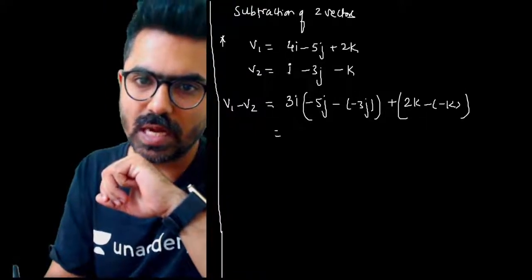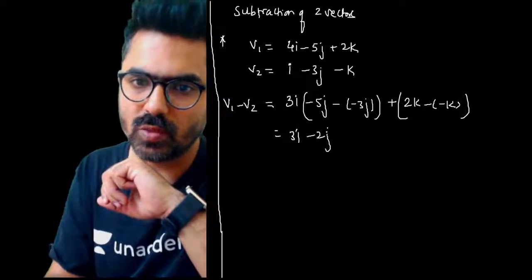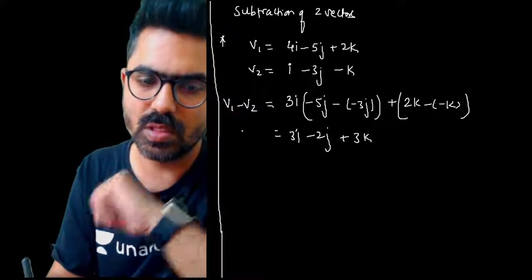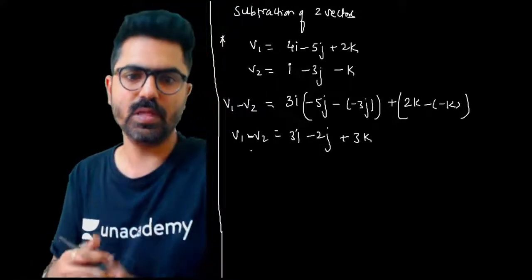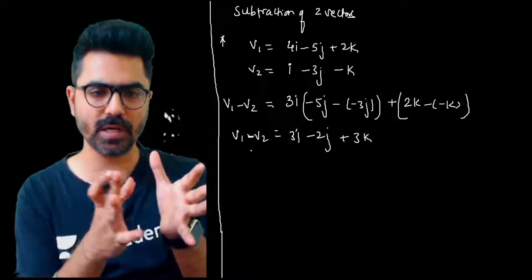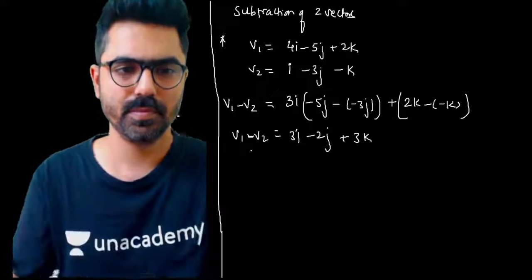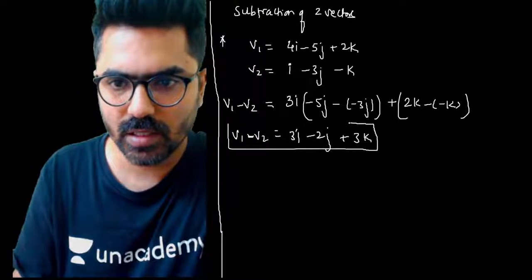Initially I directly subtracted over here. So 3i, this will become minus 2j, and this will become 3k. This is the vector v1 minus v2. A new vector is created by subtracting the given two vectors. A very basic operation again on vectors.